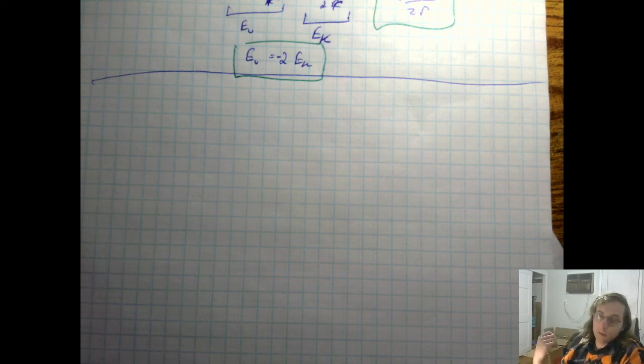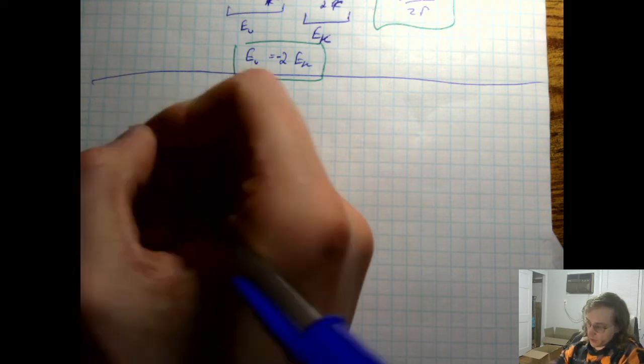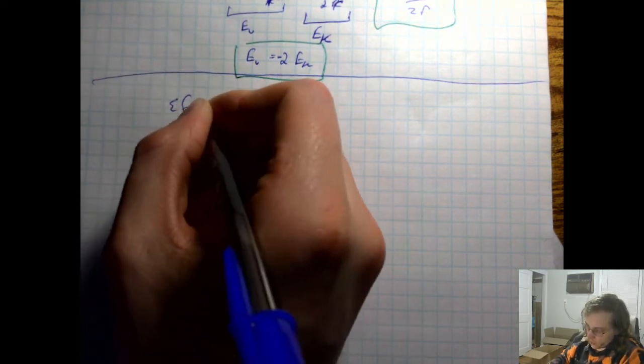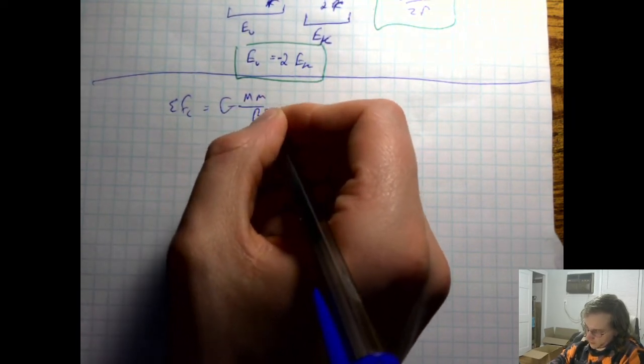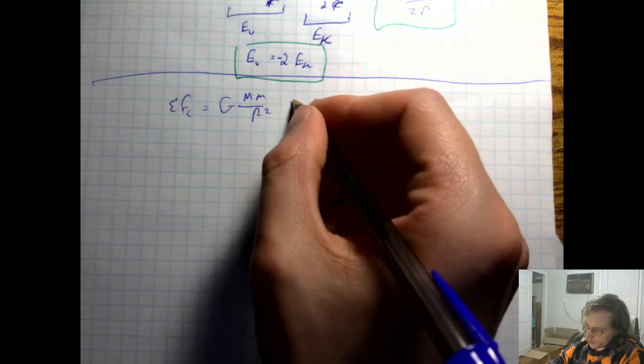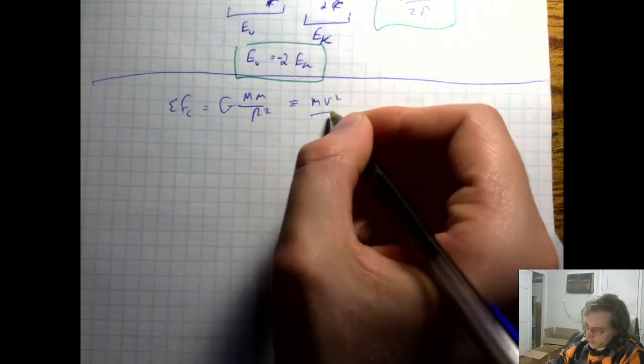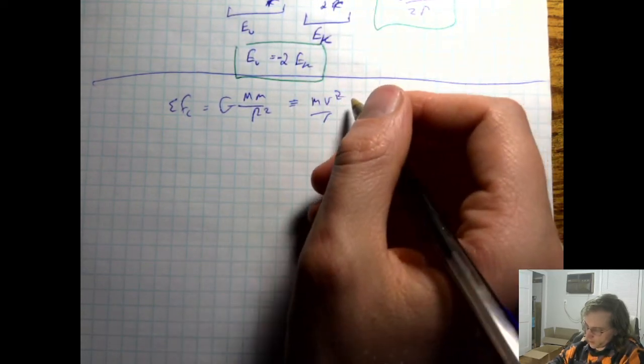Great. Well, we can start using that equation that we just had for the last one, which is that our net centripetal force will need to equal our gravity, GMm over r squared, and it will also need to equal mv squared over r.